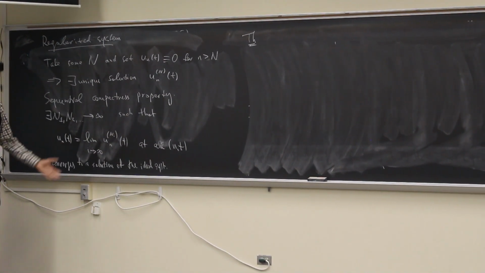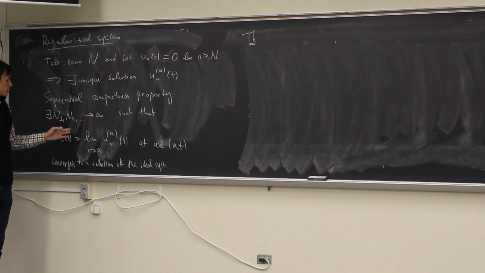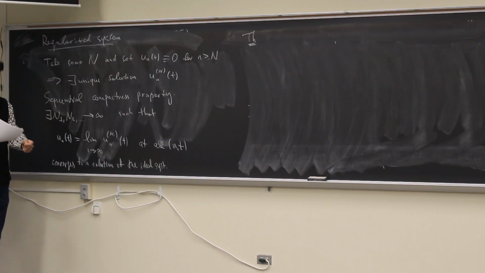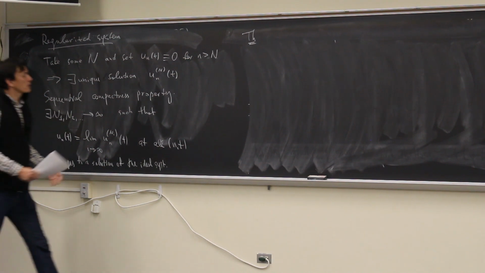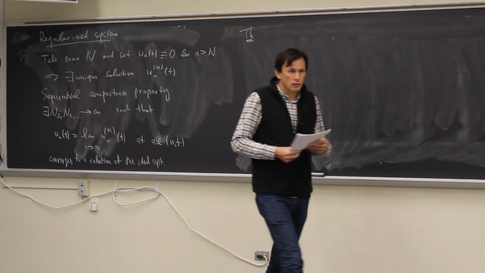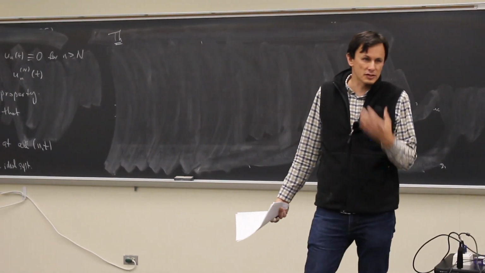There is a certain compactness property that tells you, for example in Navier-Stokes, that you take viscosity smaller and smaller, and you can choose values such that you converge. But the theorem tells you that when you say converge, you mean some subsequence converges. This is a subsequence convergence.